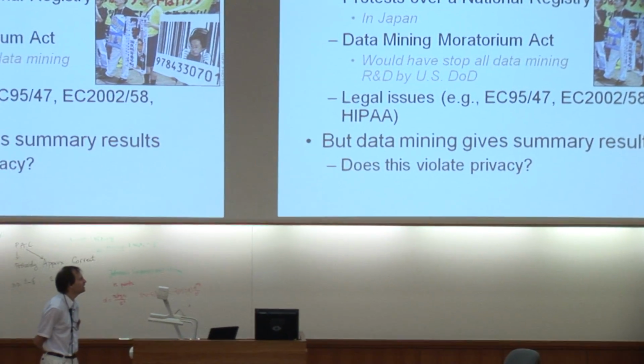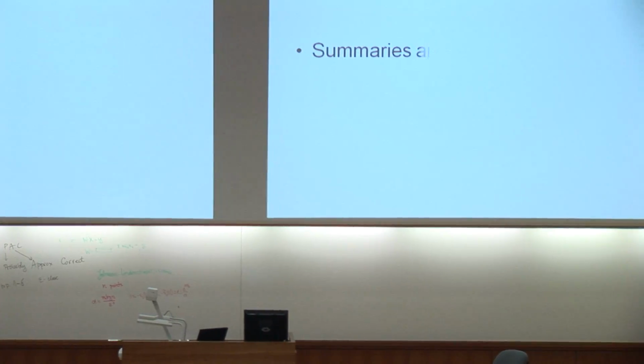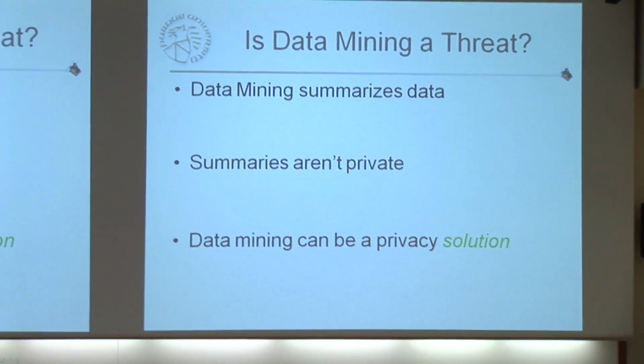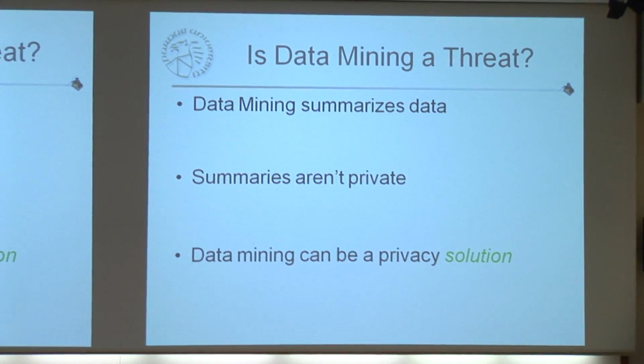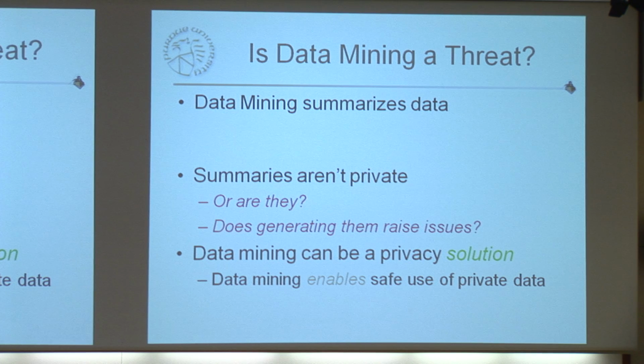Well, I claim the answer is, for the most part, it doesn't. Data mining gives us these summaries of the data, and the summaries aren't private. It can be a solution to the problem. It can, done right, enable safe use of private data.